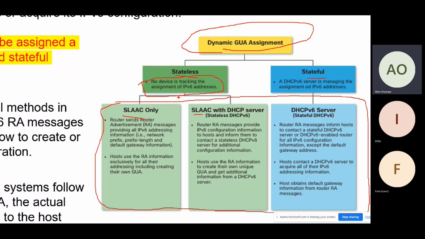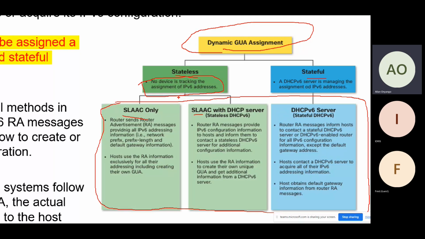Then we go to the student from a rich family who does not have to worry about everything. So in DHCP version 6 server, which is stateful, the PC still sends an RS message to the router, but the router responds with an RA message, and the RA message tells the PC that, you know what, you contact a stateful DHCP version 6 server, and you'll get everything that you need, okay?